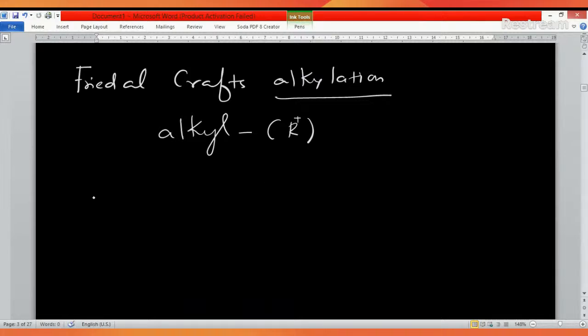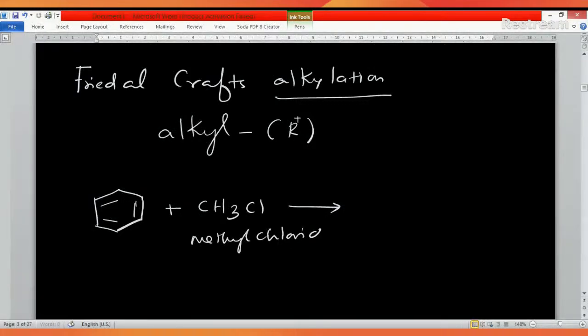And the explanation can be given as follows. Take a benzene, and to that benzene we will be taking CH3Cl. You know this compound is called methyl chloride, or chloromethane, and it must be treated with anhydrous aluminum chloride, AlCl3.